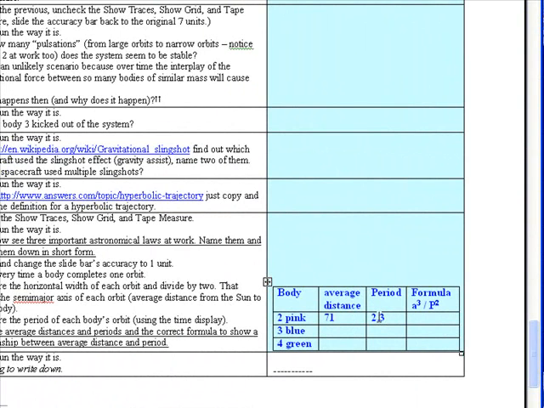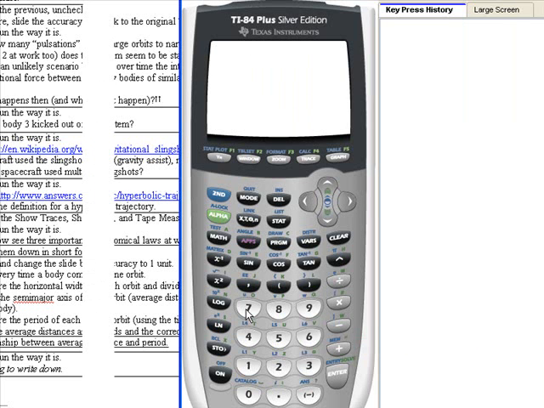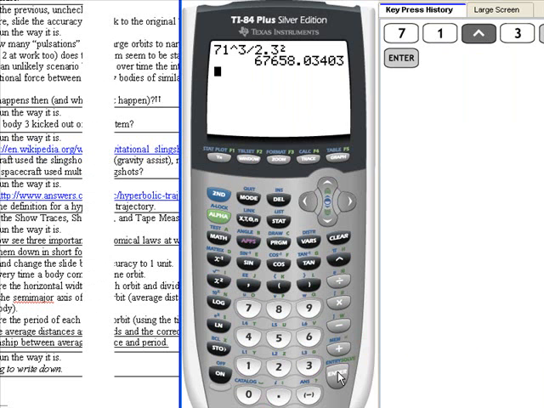And now on the calculator on the side, I'm going to do 71 cubed divided by 2.3 squared. So it's 71 cubed divided by 2.3 squared. Enter. That's around 68,000.